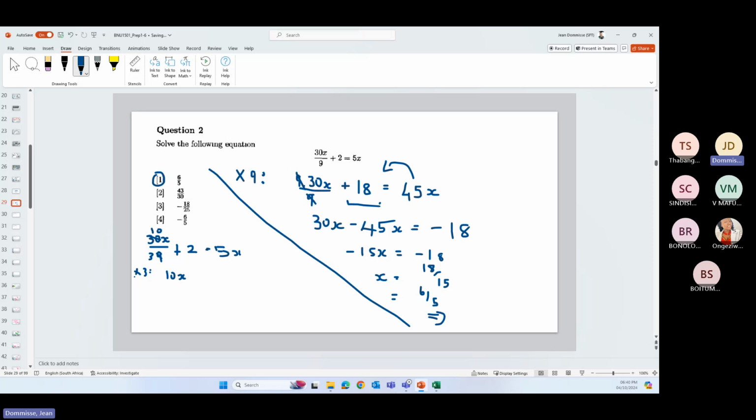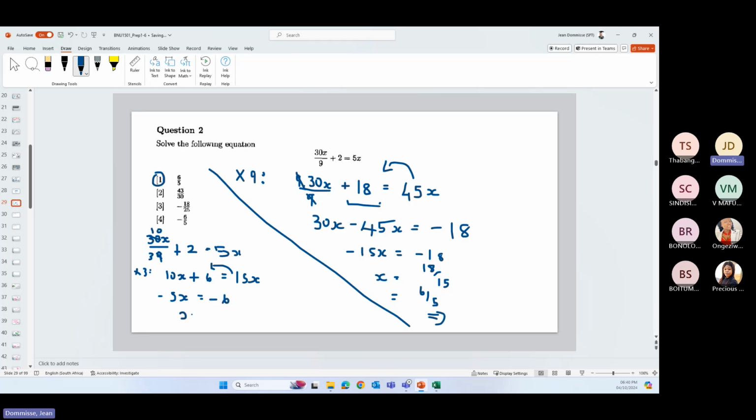So that will be 3 times 2 is 6, 3 times 5 is 15. Now you guys can see what will happen. If I take that over, now I will get on the left hand side minus 5x, and then on the right hand side it will be minus 6.